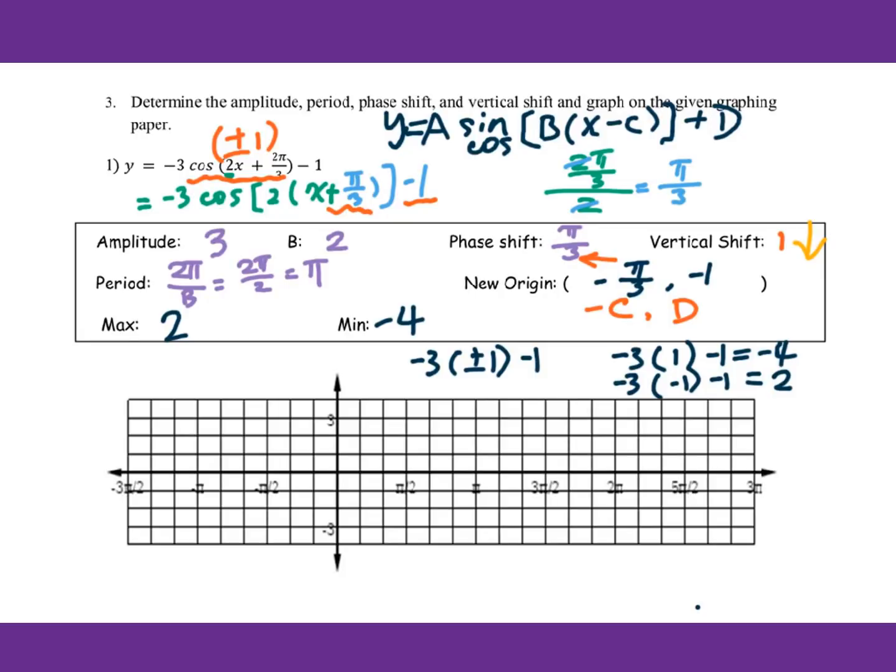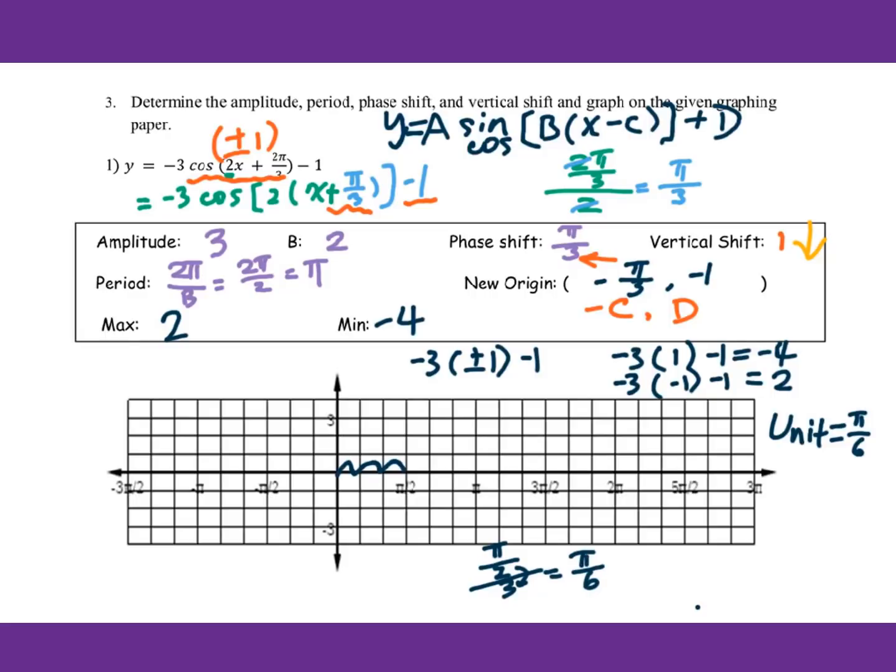When you sketch the graph, you have to analyze the graphing paper. For this graphing paper, we have 3 units between pi over 2 and 0. So we do pi over 2 divided by 3. Got pi over 6. Each unit stands for pi over 6.